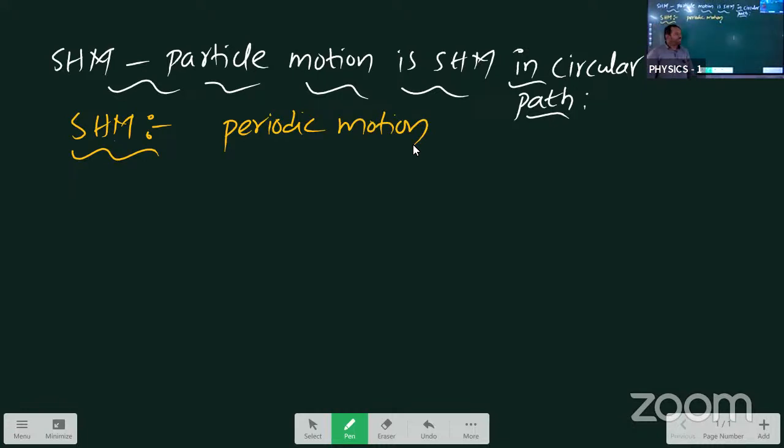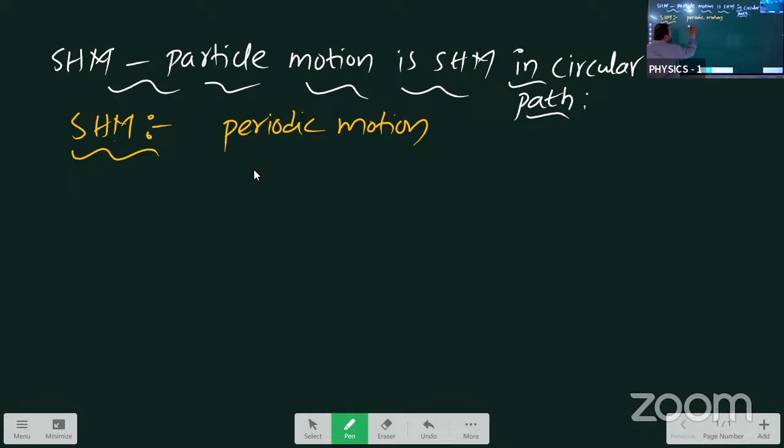Periodic motion means a motion which repeats in regular intervals of time.